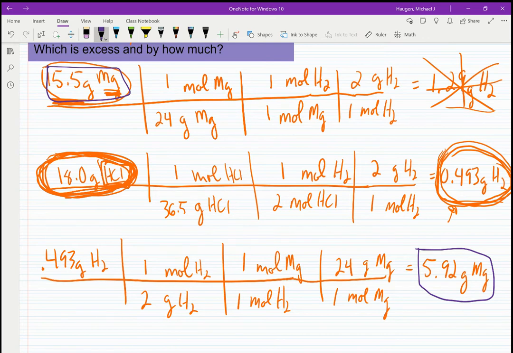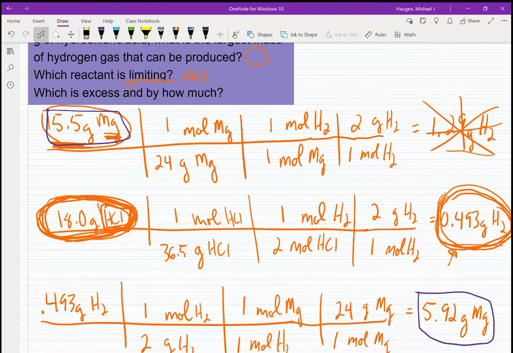We just take our 15.5 grams minus our 5.92 grams, and we get 9.6 grams of magnesium left over. So that's how much of my magnesium is left over.